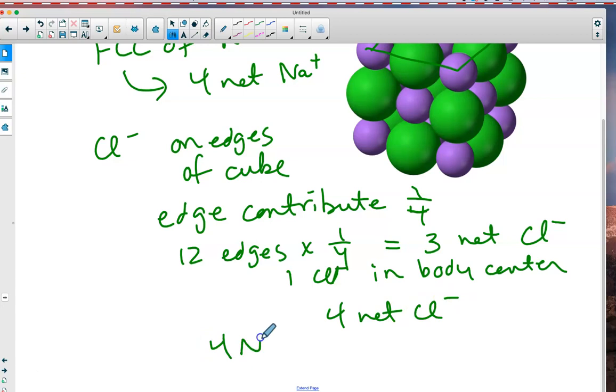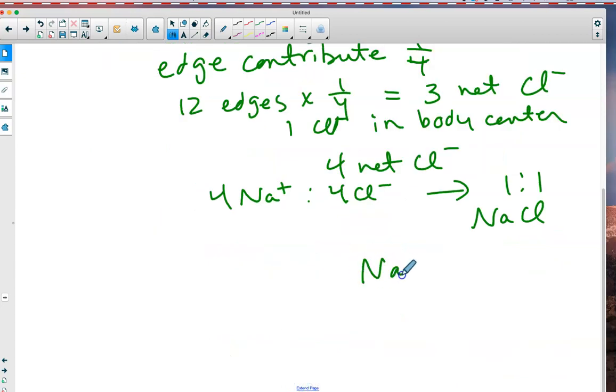So I've got 4 sodiums to 4 chlorides, which reduces down to a 1:1 ratio and gives us the formula NaCl that we would expect from the periodic table, because sodium is a +1 and chloride is a -1. So they should come together in a 1:1 ratio. And the structure shows that.